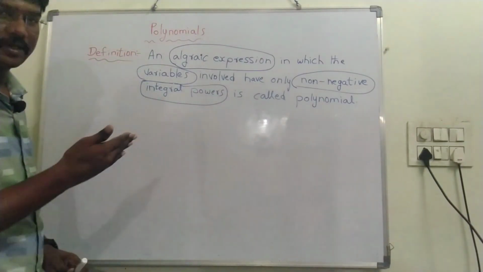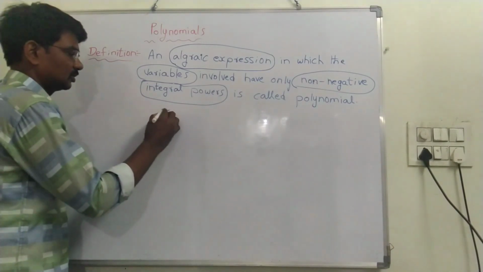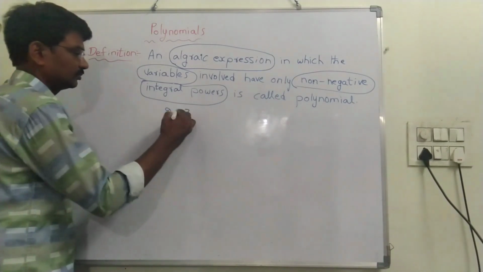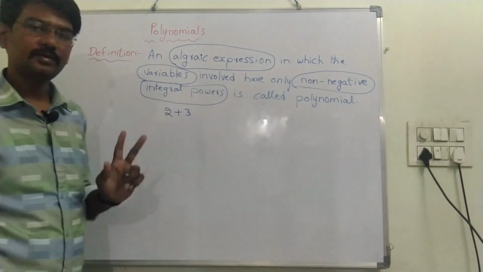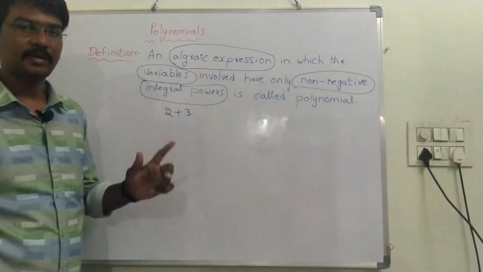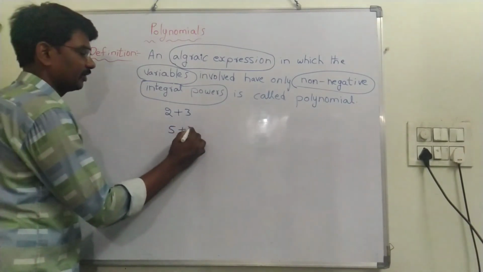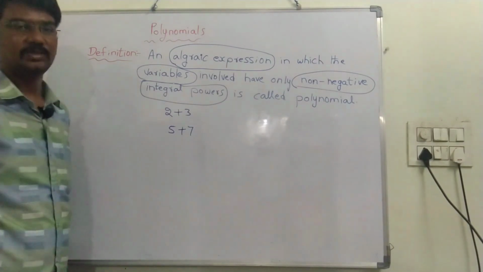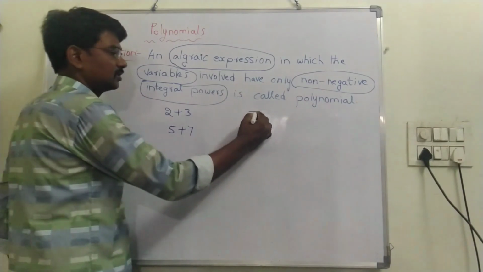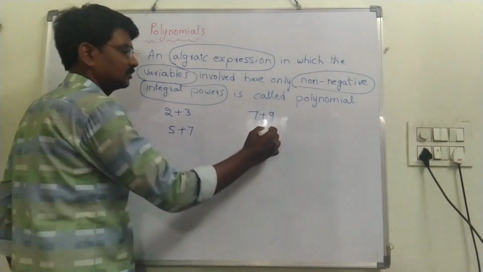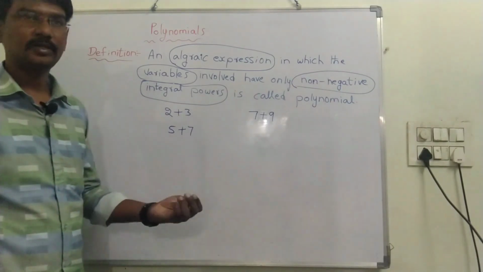I am writing some expressions on the board. Observe them. 2 plus 3 is an expression. 5 plus 7 is also an expression. 7 plus 9 is also an expression.